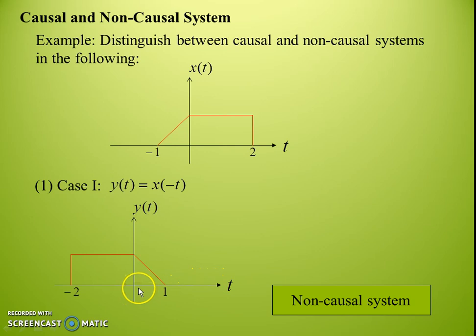Past inputs are represented by the values after zero in the positive direction, and future values are represented as the values in the negative direction before zero. We can see over here some values are present from -2 to 0 as future values. So this is not at all a causal operation, so it is a non-causal system.